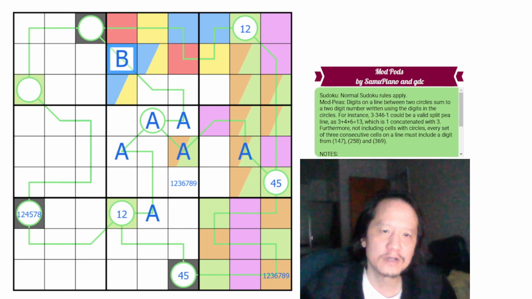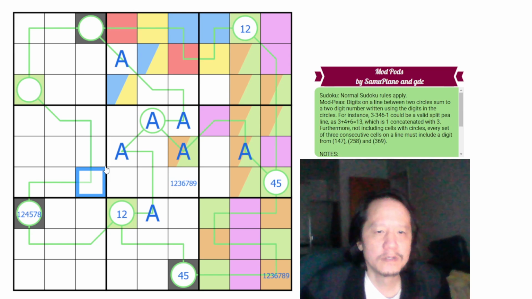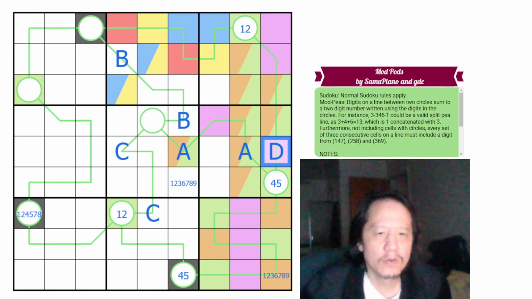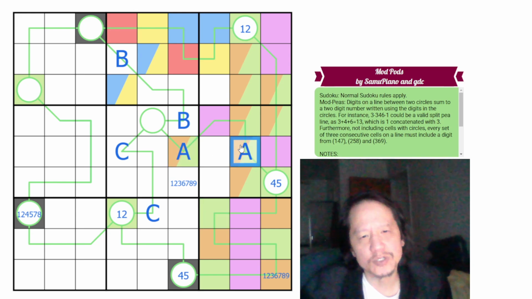Wait, that doesn't work. That doesn't work because we have 4 A's then here. Ah, interesting. So that's an incorrect assumption I made then.